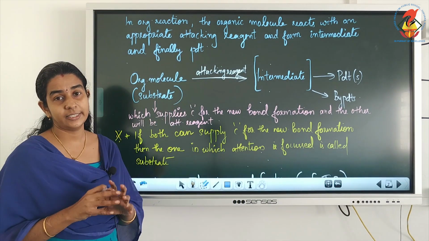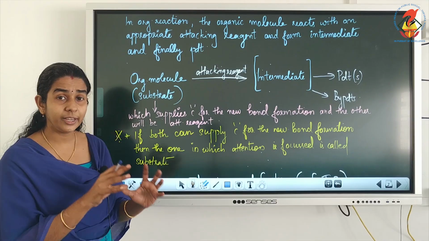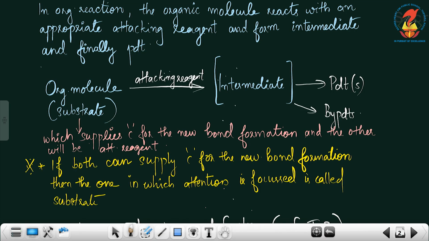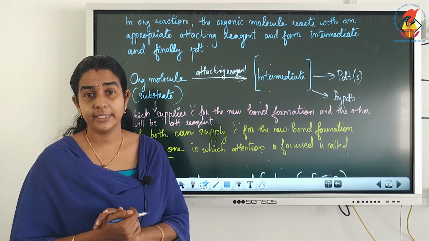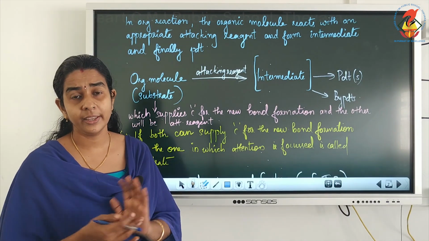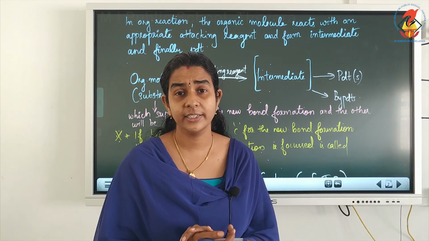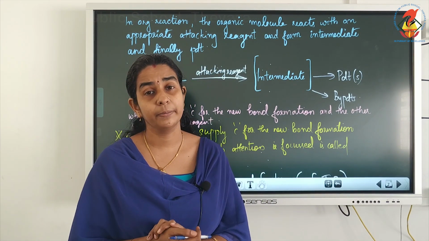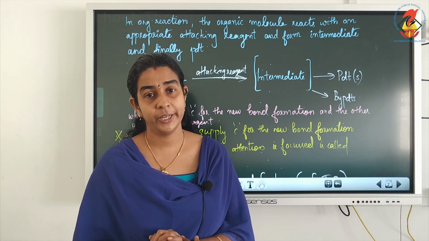So, among the reactants, the organic molecule which supplies carbon for the new bond formation will be called the substrate, and the other reactant will be called the attacking reagent. But there are cases where both the organic molecules or both the reactants are able to supply carbon for the new bond formation.